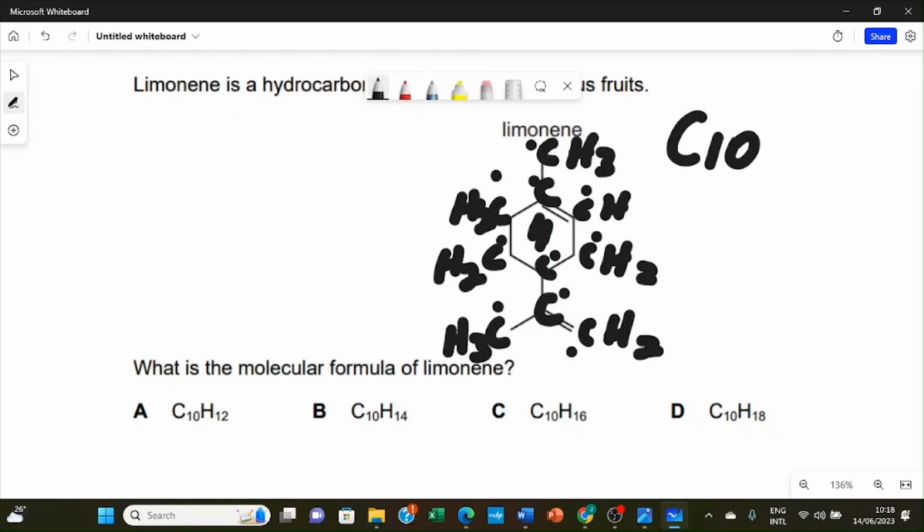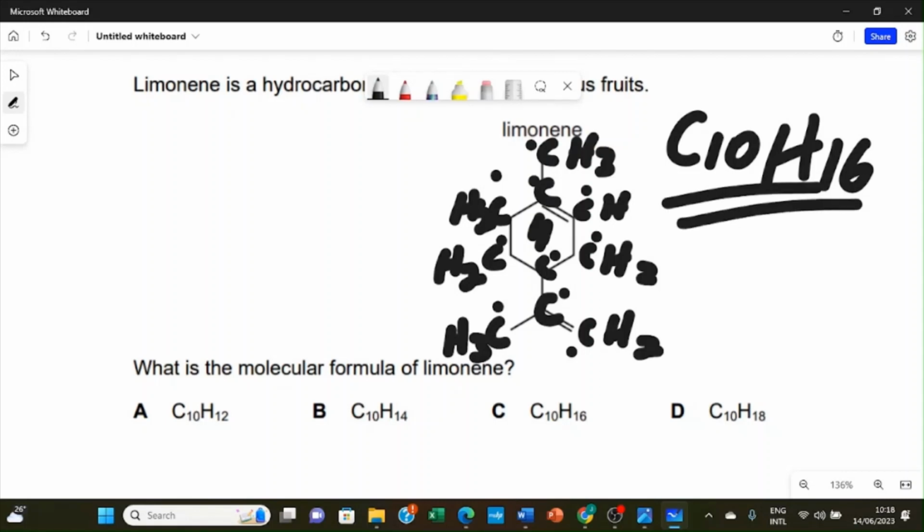Then we'll count the number of hydrogen. 3 plus 2, 5 plus 2, 7 plus 3, 10 plus 1, 11, 11 plus 2, 13, 13 plus 2, 15, 15 plus 1, 16. So 16 hydrogen atoms. So you can see that the molecular formula is C10H16.